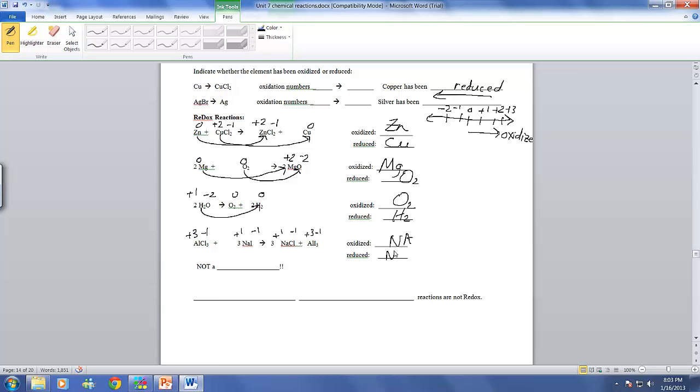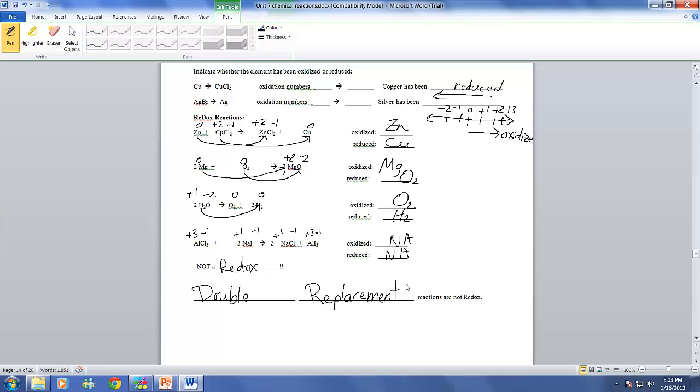This is not a redox. Therefore, double replacement reactions are not redox reactions. You do not see a change in their charge, therefore they are not a redox reaction.